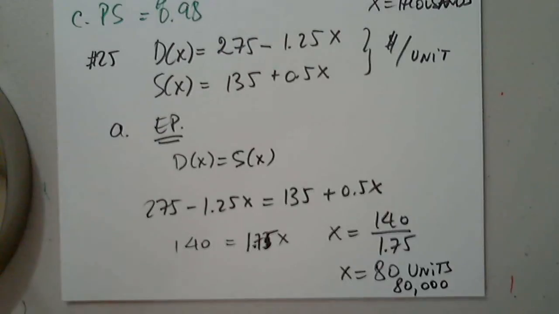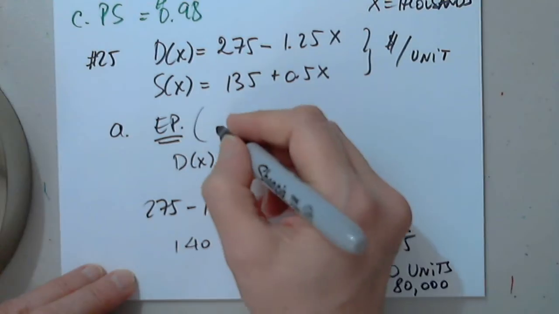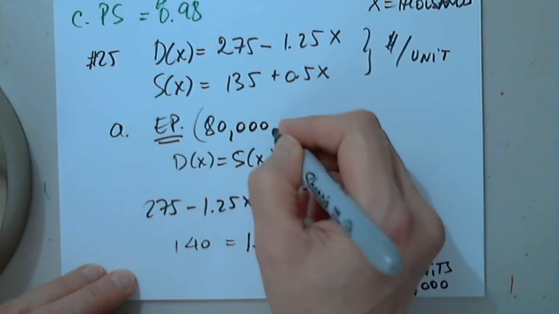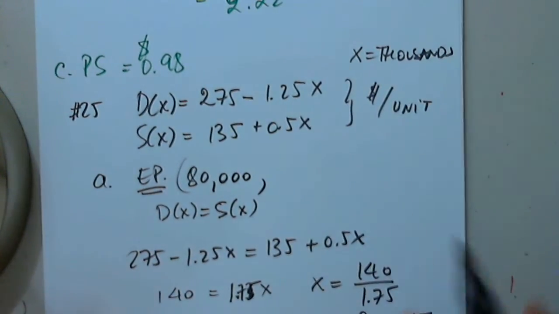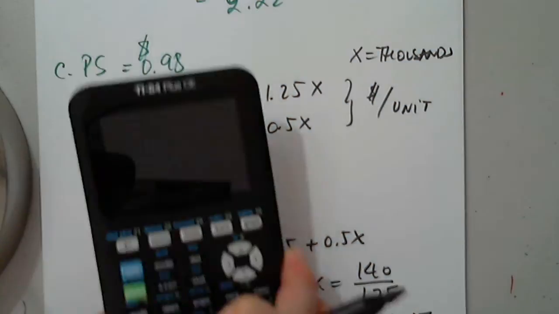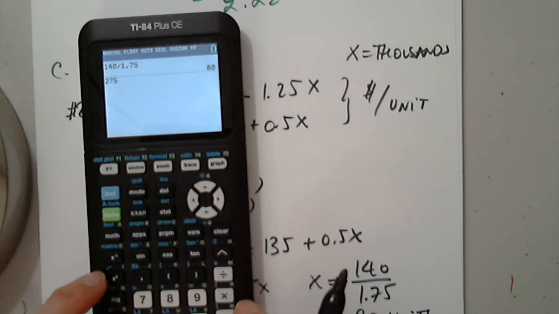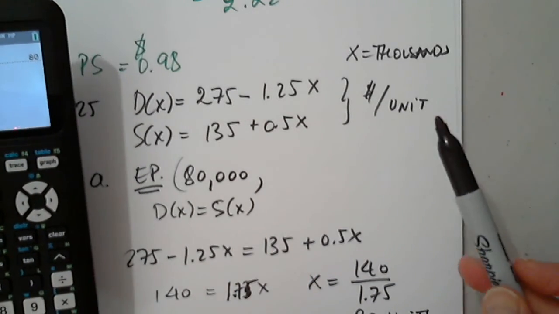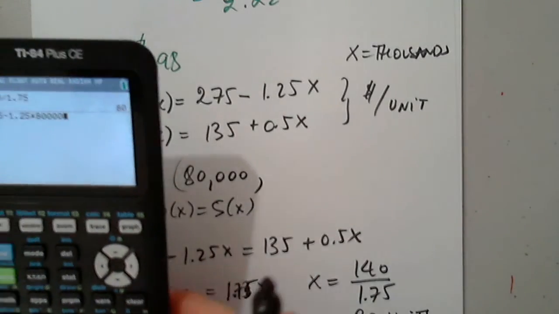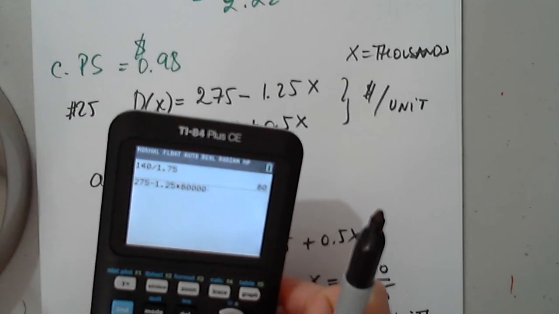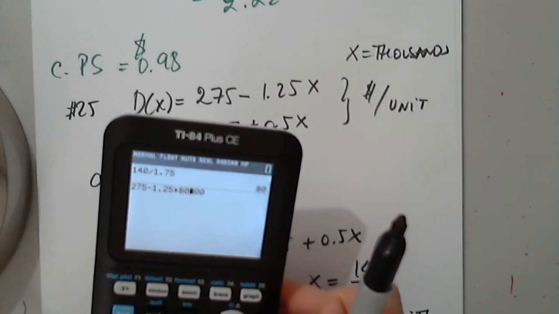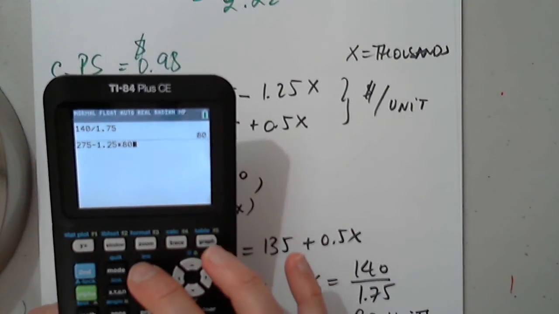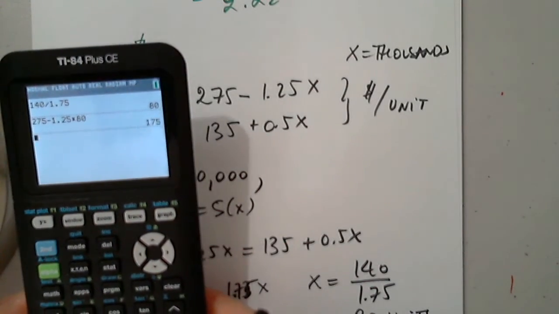So we found that the equilibrium point has 80,000, comma, 275 minus 1.25 times 80,000. I still have to use 80, however. 175.